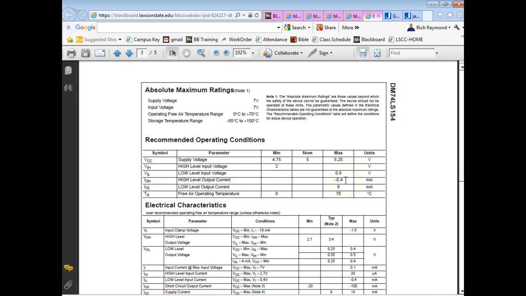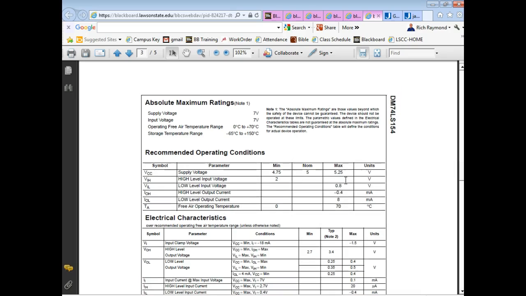Look what I can get for a high. I can get 400 microamps for a high. So all these gates can actually sink more than they can source. So we can get more drive out of them with a low than we can with a high. So just about all these decoders are going to have low active output, because if I want to turn something on, it's better to, right? You understand that? We can get more out of it for a low than we can a high because of that pull-up resistor in there.